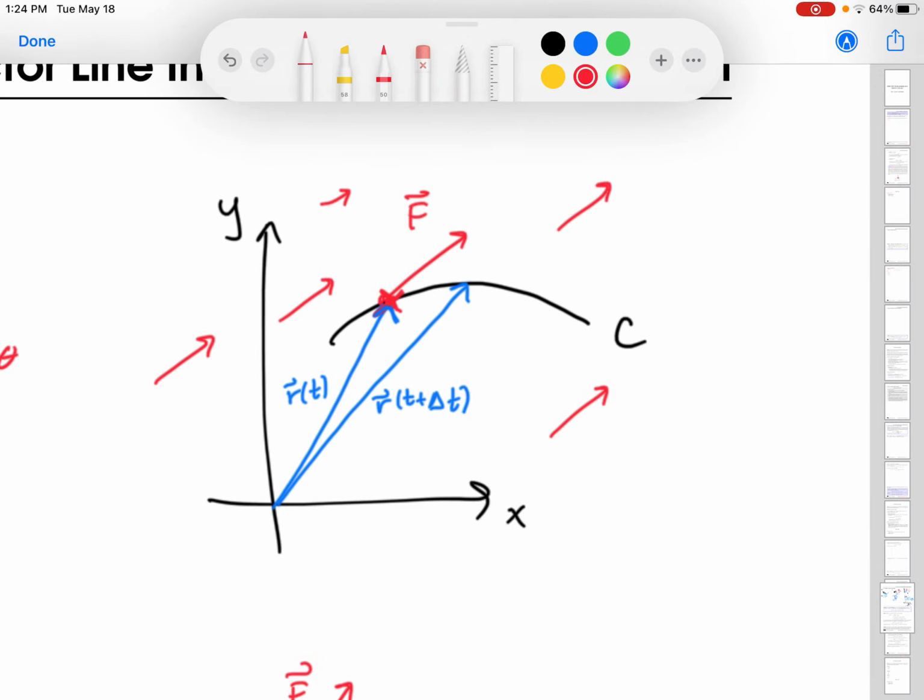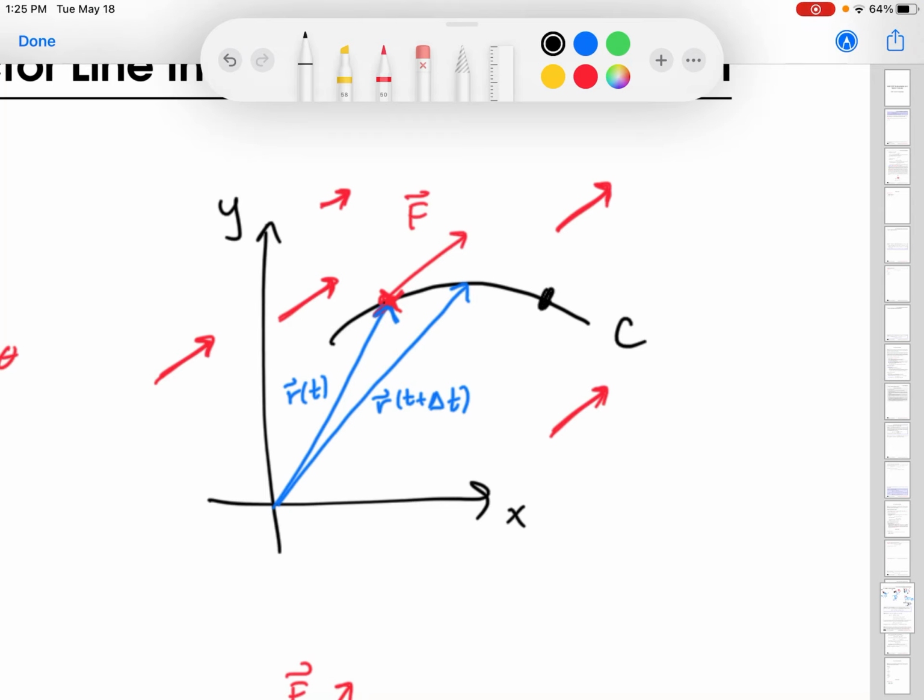Suppose that I have a vector field now. I'm not thinking of you or me moving boxes, but maybe you're standing outside and you're feeling the wind rushing around. So I'm just drawing a few of the vectors of the vector field F here in red. And suppose that I consider a curve C here, this black curve, and imagine, for example, that this curve is like a string, and maybe it has a little bead on it.